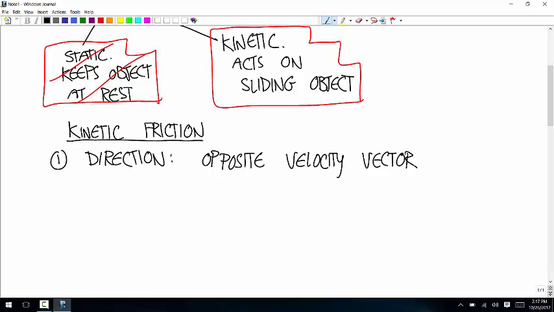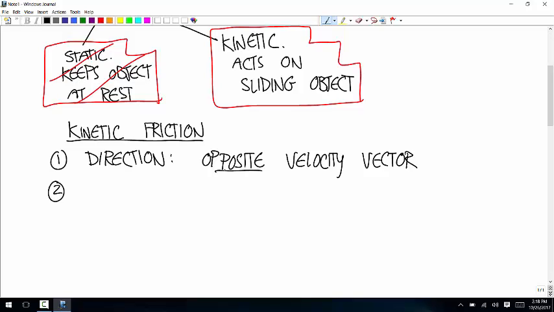And that sort of makes sense if you think about a force as trying to produce an acceleration. Friction is always trying to slow things down. You can't ever use friction to speed something up. So friction is always trying to accelerate objects opposite the velocity vector. That's what it means to slow down.